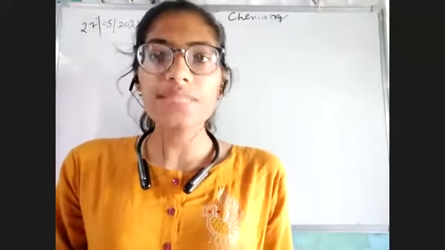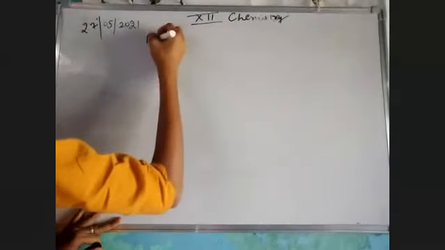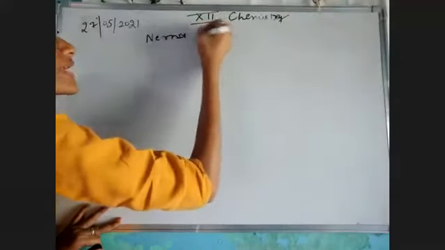Now the first point: in yesterday's class we wrote the Nernst equation because we have to calculate the E cell.